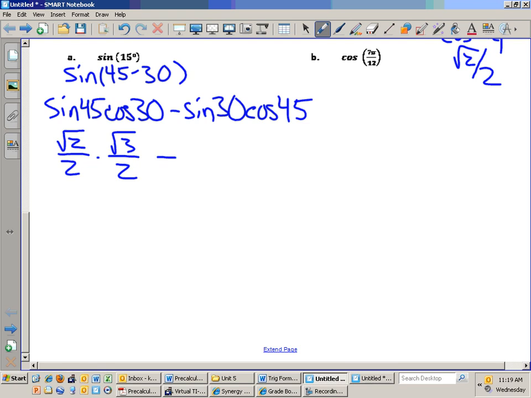Minus, what is the sine of 30? What's the cosine of 45? So those values, we know exactly, and now we have an expression that we can write an exact value for. What's square root 2 times square root of 3?